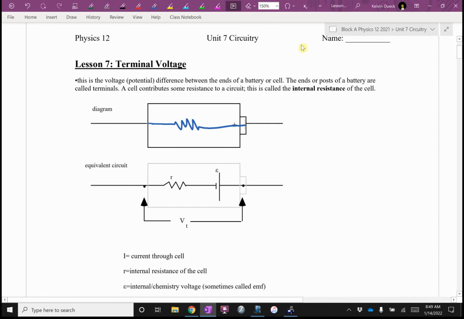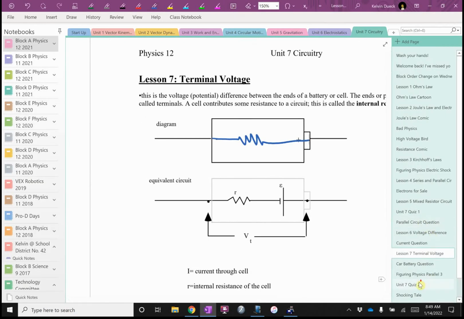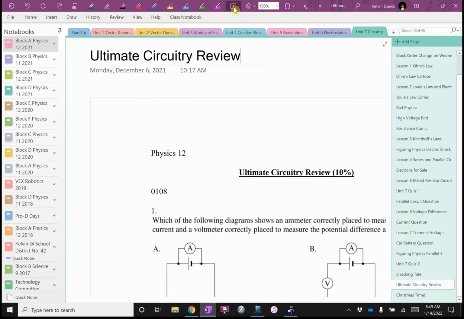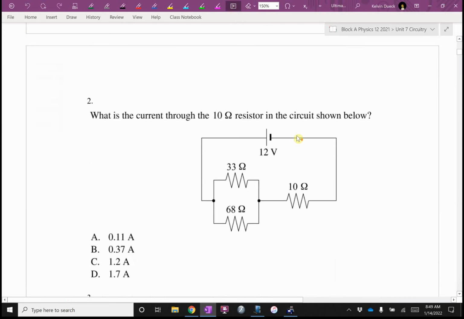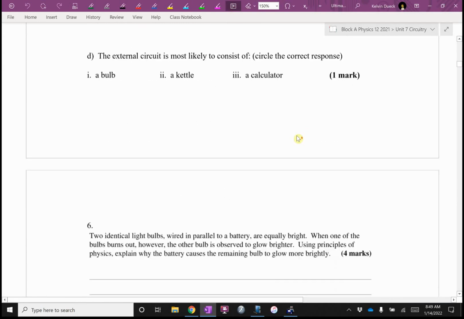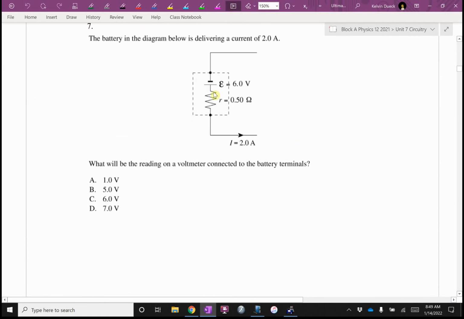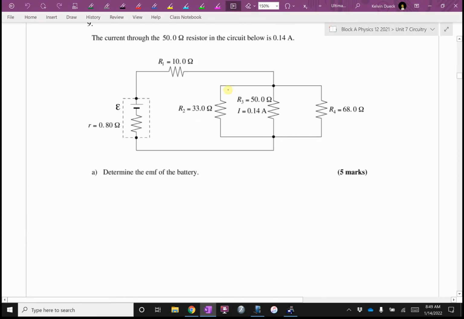You can stay on the lesson, but in the ultimate review that I gave you, I can tell you which ones are using terminal voltage. Oh, right there. That little 0.5, that's supposed to be inside the battery. That's the internal resistance. And they even used a lowercase r to indicate tiny resistor.